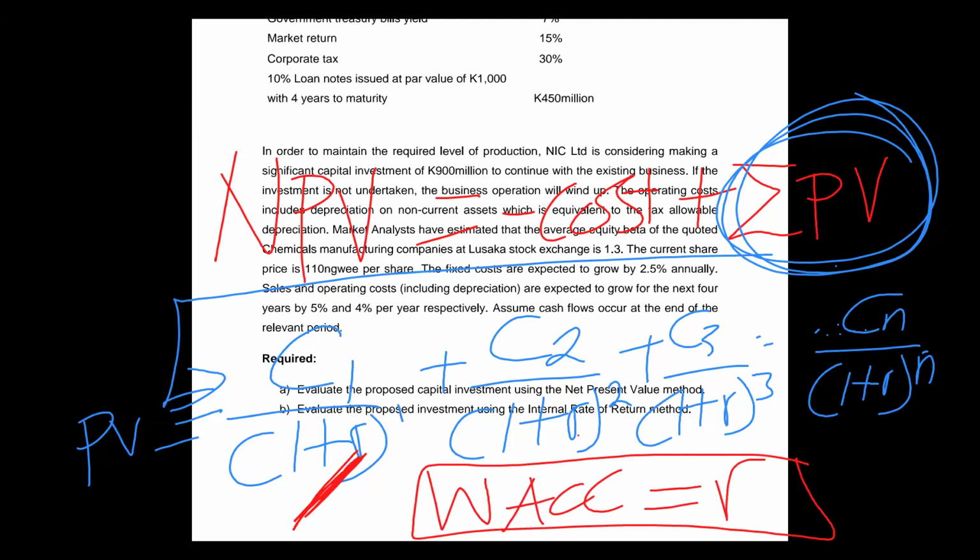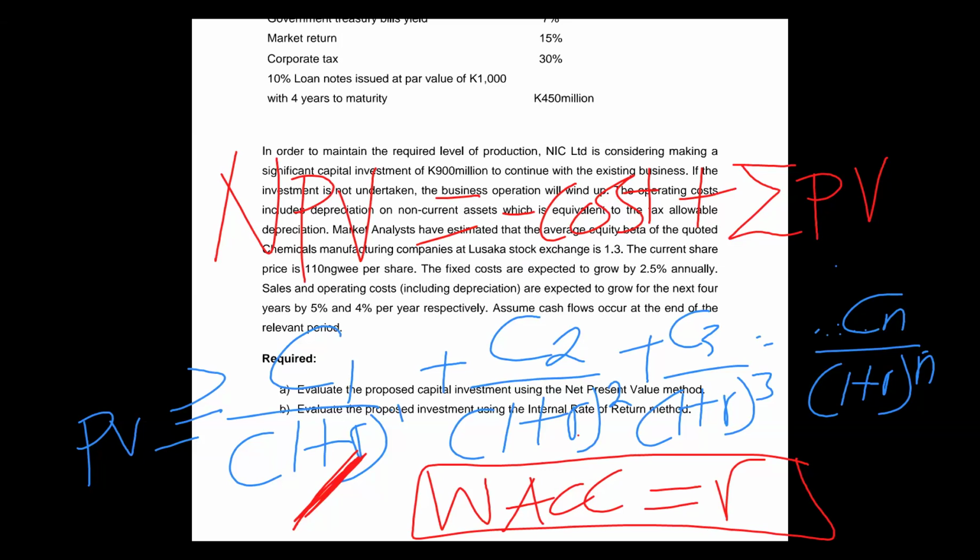So you need WACC for you to manage to discount these future cash flows so that you can have this part here for the summation of the present values. Another issue is you don't have these cash flows. This is what is interesting. The cash flows are not there. You got to find the cash flows. Then you use the WACC that you're going to calculate to discount the cash flows into the present.